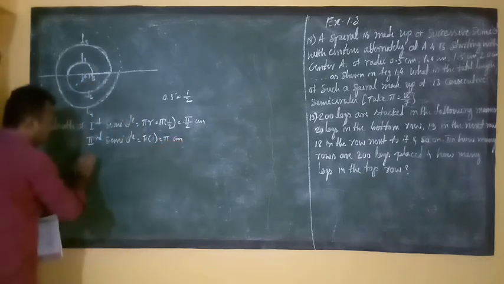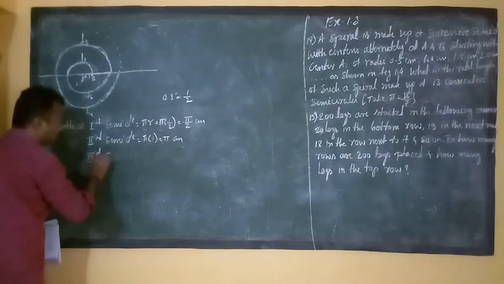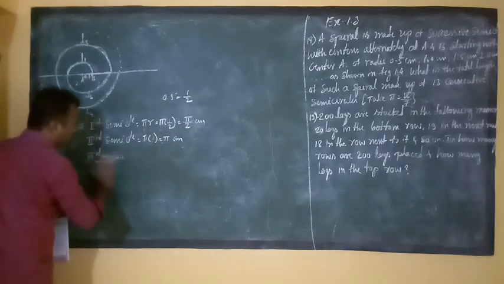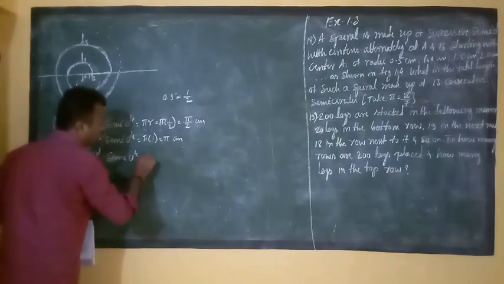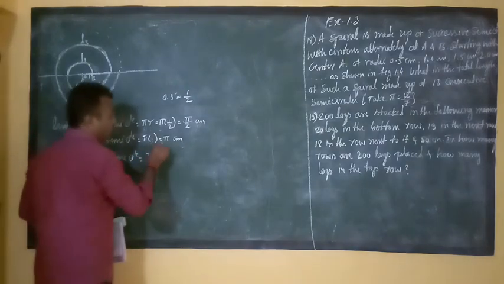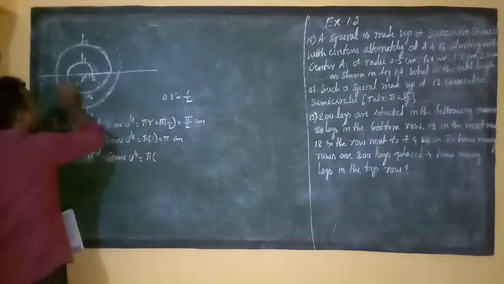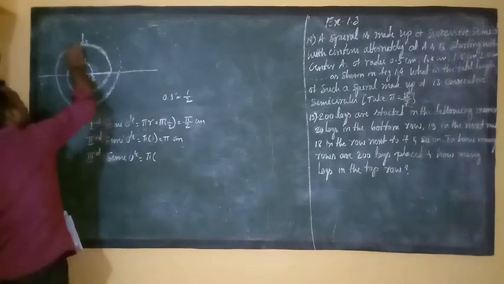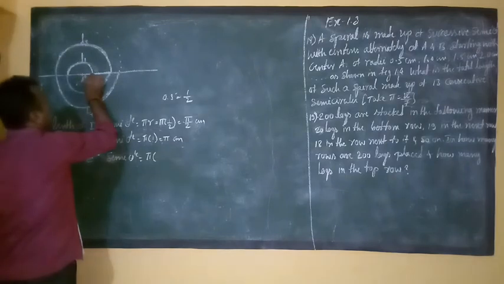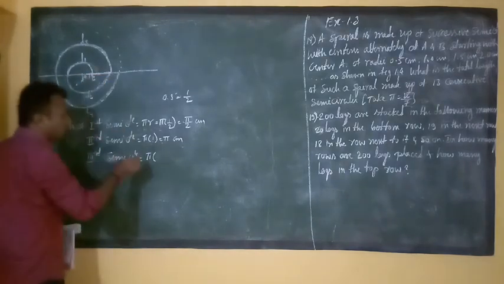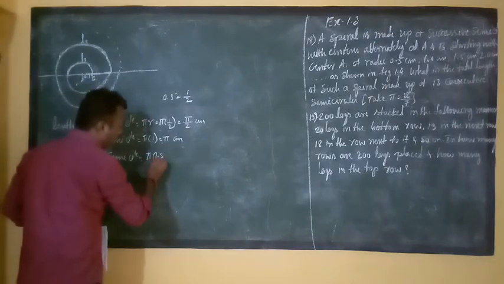Like that, the third semicircle. So length of the third semicircle is equal to pi into what? 1.5. This is the third length, correct? So this is 0.5 and this is 0.5, it is 1, and this is 1.5, so totally 1.5.